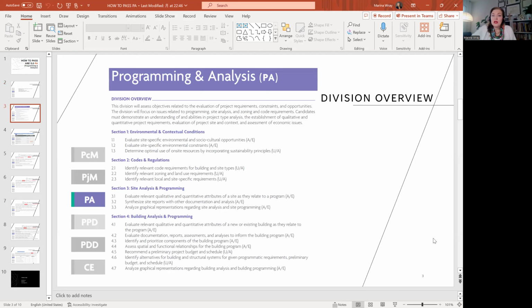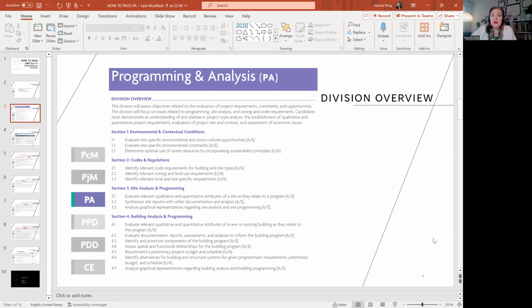Let's see what this division is about. It assesses objectives related to the evaluation of project requirements: the constraints, opportunities, and whatever the project comes with. It will also focus on issues related to programming, site analysis, zoning requirements, and code requirements.